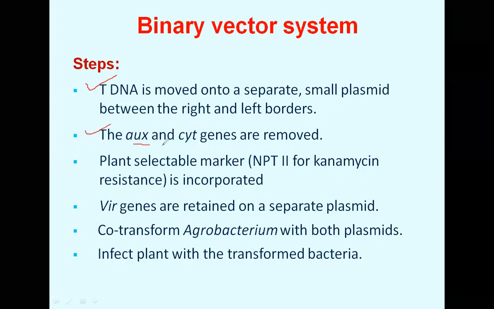The plant hormone synthesizing genes are substituted by the gene of your interest. The plant selectable marker, either NPT2 or hygromycin, NPT2 for kanamycin resistance, is incorporated. Vir genes are retained on a separate plasmid, and then these two plasmids are used to co-transform Agrobacterium with both plasmids.